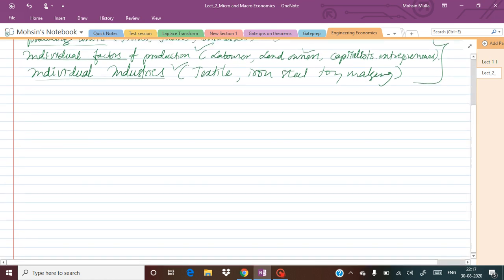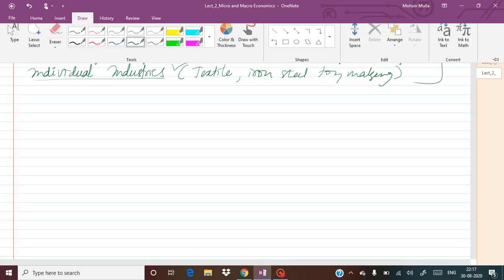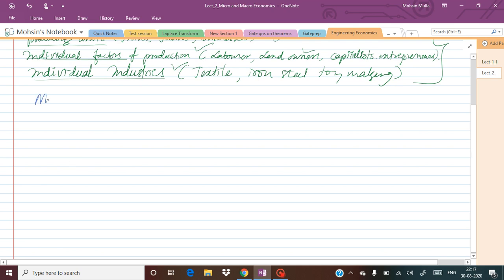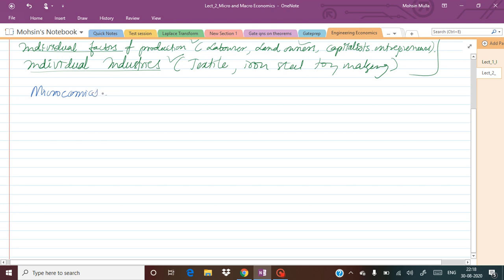Microeconomics is also called price theory, and macroeconomics is called income theory.